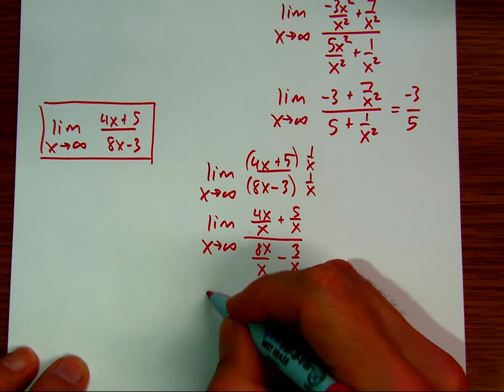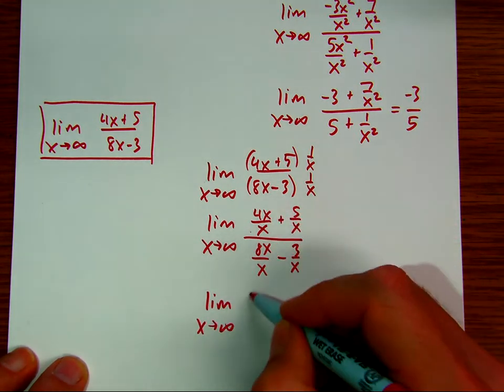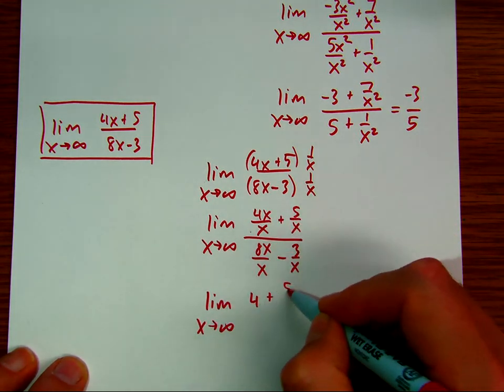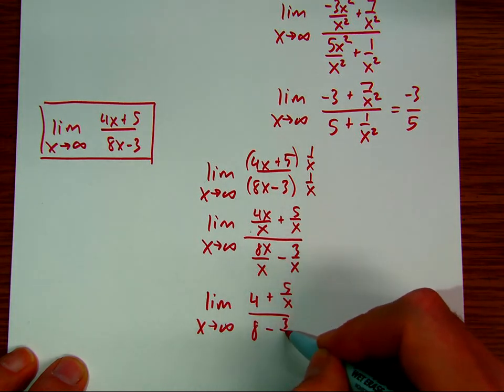And reduce. Cancel, we get a 4. 5 over x. Cancel, we get an 8. 3 over x.